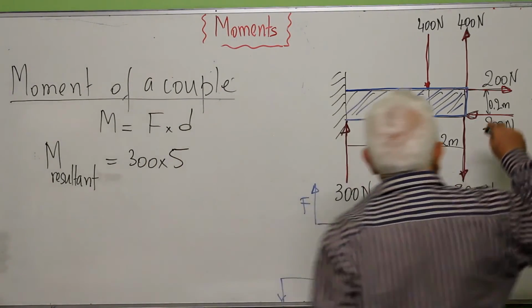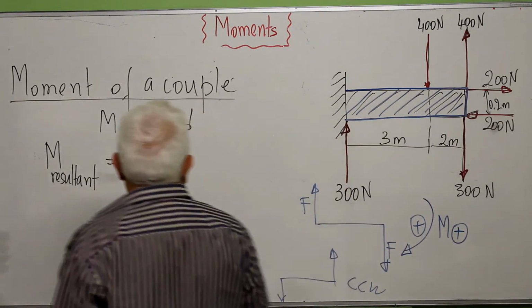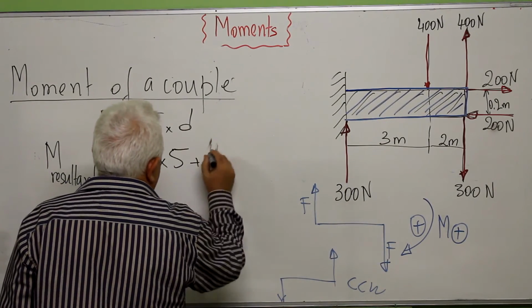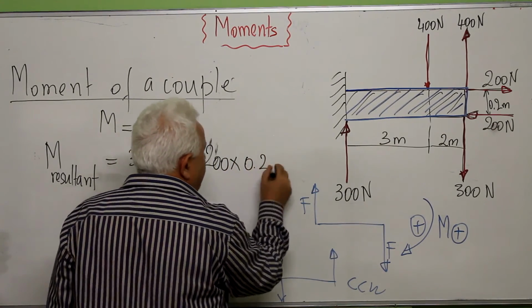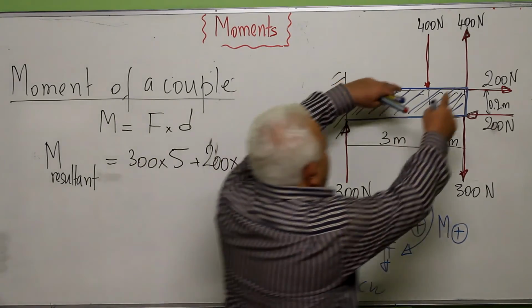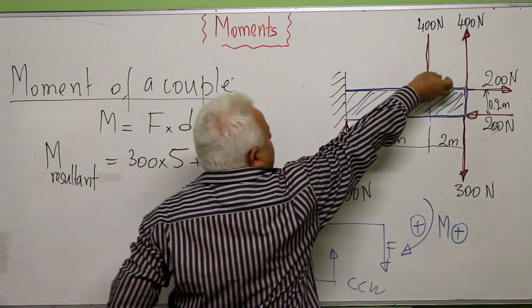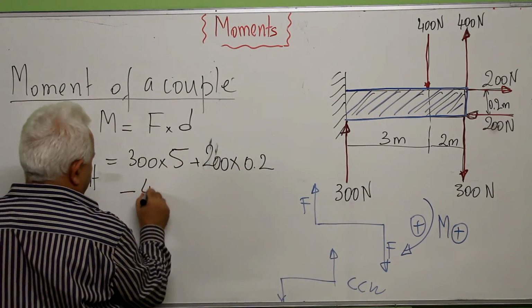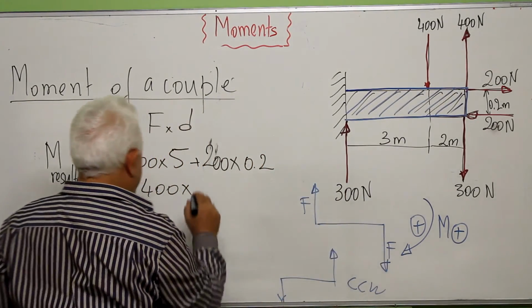Now I'll move to this one. This one, following this configuration, is positive as well, clockwise, which is force times distance: 200 times the distance that separates the two forces, which is 0.2. And the last one, the couple of 400, is anti-clockwise, opposite. I have to put minus 400 times the distance that separates the two forces, which is 2.